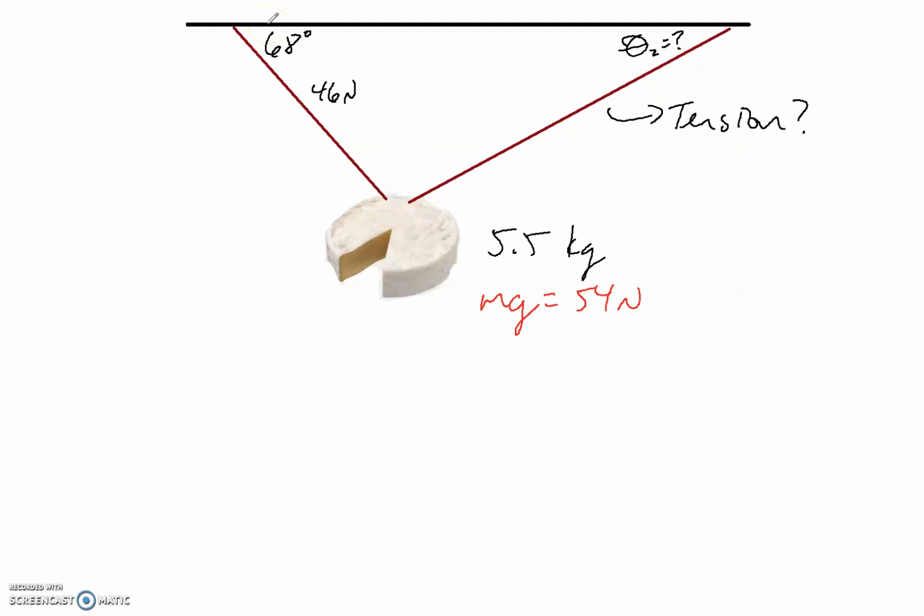Now if I look at this cable, I've got a force, I've got the tension, I've got an angle, and when we have force at angles, we often just break them up, and that's exactly what we're going to do. We're going to turn it into a right triangle that is also 68 degrees, and you can find the horizontal and the vertical components of that triangle. So if I use my cos and my sine, I've got the 46 cos 68, I've got the 46 sine 68.